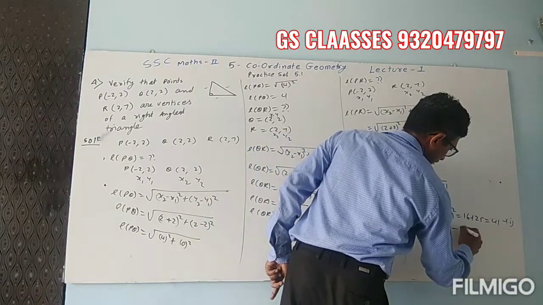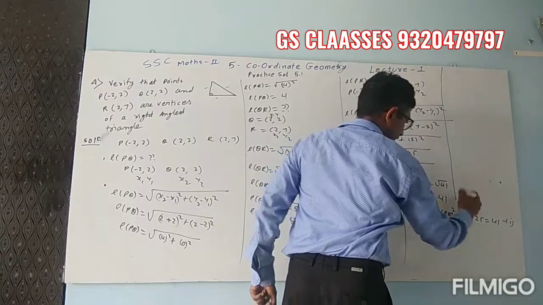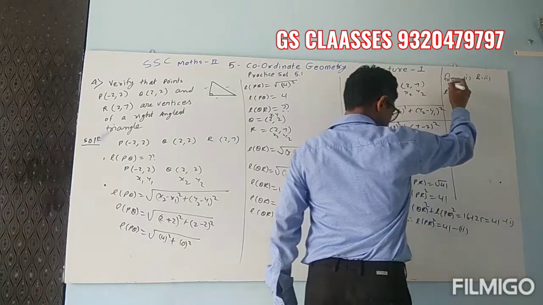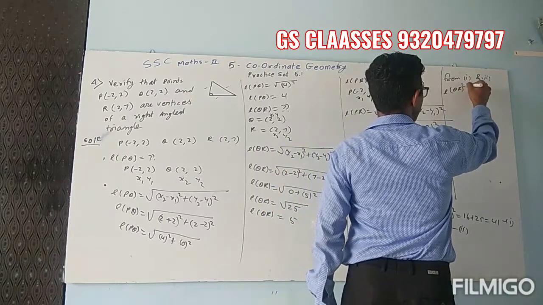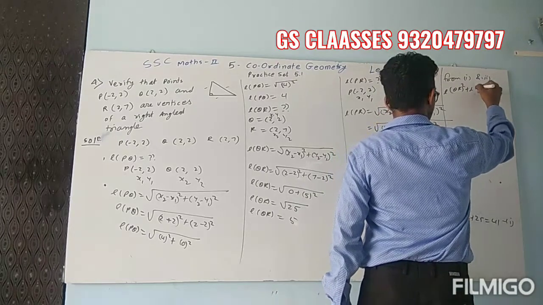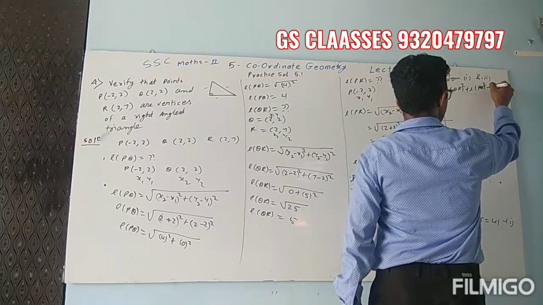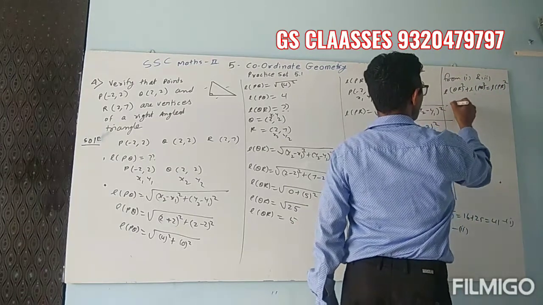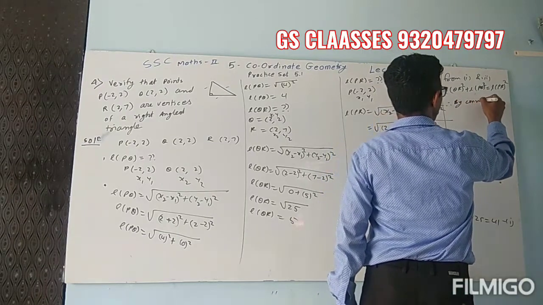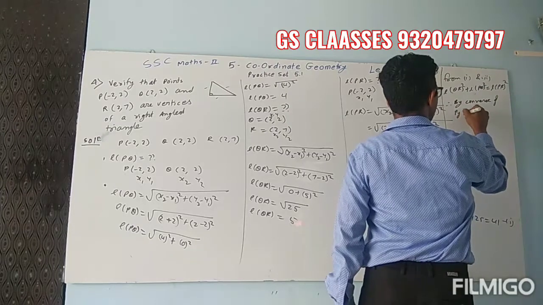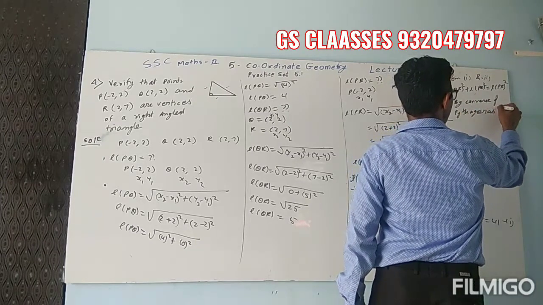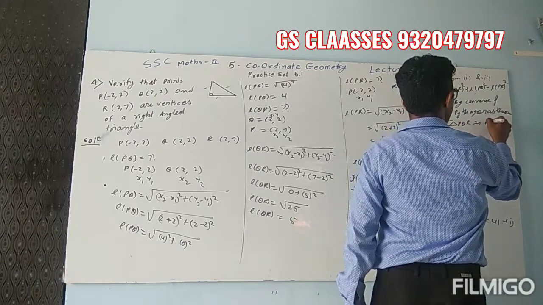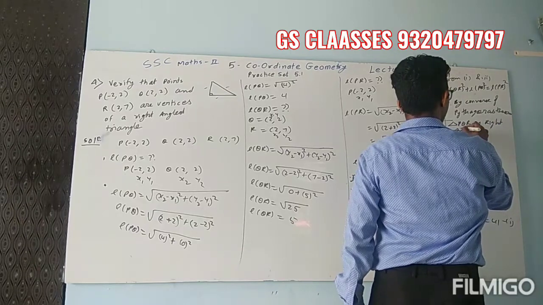So from first and second, I am writing, from first and second, length QR square plus length PQ square equals length PR square. So by converse of Pythagoras theorem, triangle PQR is a right angled triangle.